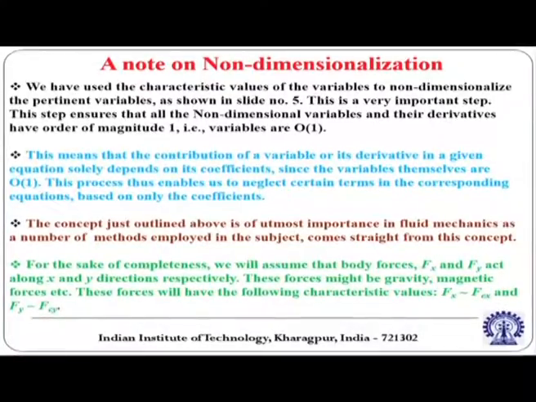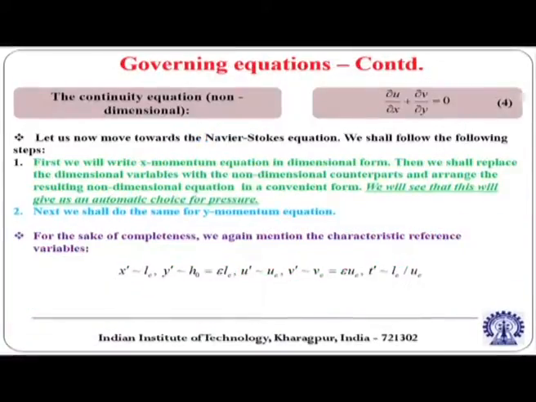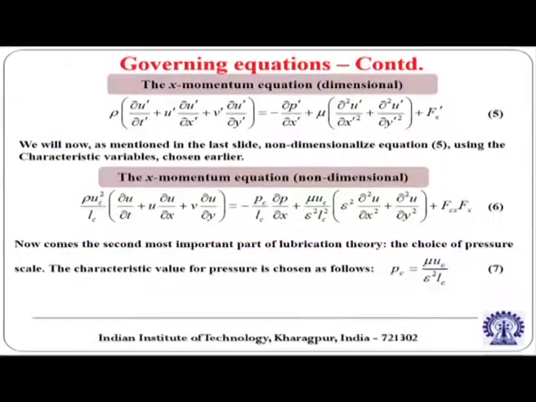For the sake of completeness, we will assume that the body forces Fx and Fy act along the x and y directions. These forces might be gravity, magnetic field, electromagnetic effect, whatever, and the characteristic scales are Fcx and Fcy. I will not go through all the details of the governing equations because these have already been worked out.